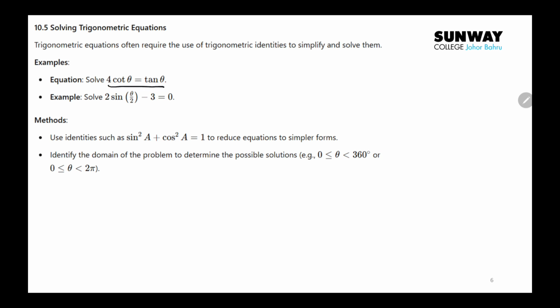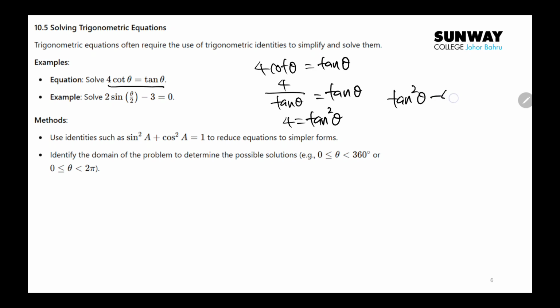If you were asked to figure out 4 cotangent theta equals to tangent theta, what you need to do is convert cotangent in terms of tangent so that you have the same trigonometric function in a single equation. 4 equals to tangent square theta. So tangent square theta minus 4 equals to 0. And this can be factorized.